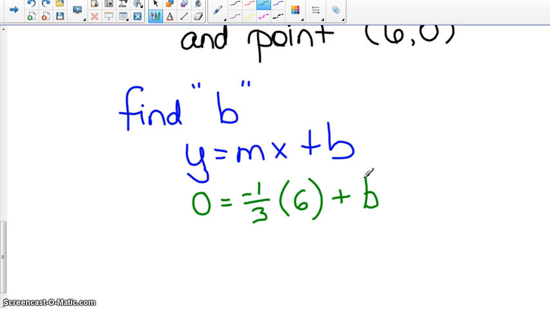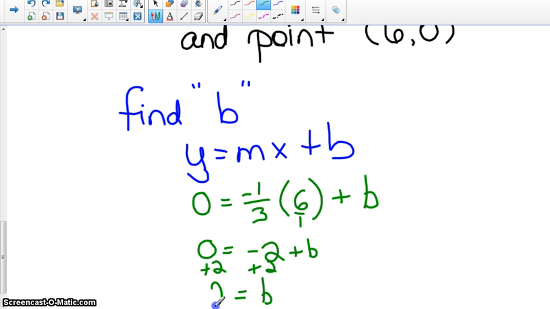Okay, so now we're going to solve for b. So -1/3 times 6, remember it's like 6 over 1, cancel out, should be -2 plus b equals 0. And then I'm going to add 2 to both sides. So b equals 2.